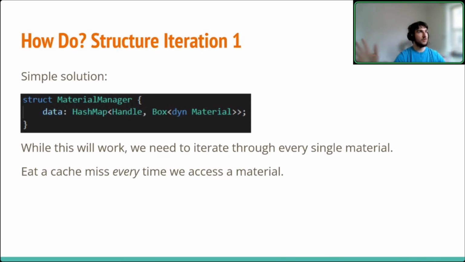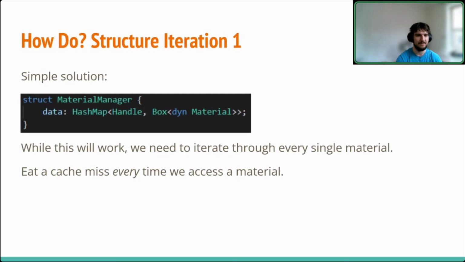So how do we store this? We have a bunch of handles of materials, and we have a bunch of materials that could be of any concrete type. Very simple solution. We take a hash map, have a handle, and then we box a dyn Material. Boom, done. There's a couple problems. There's more than a couple problems. Number one, you can't say, "Oh, give me all of the materials that are this." It would require iterating over the whole array.